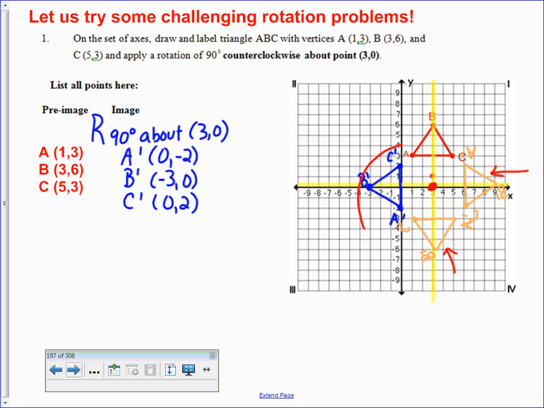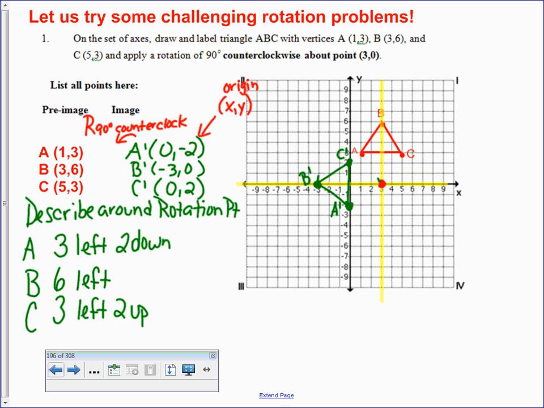Yes, we can see there is definitely a rotation about that point. The only way we can do this correctly is to use these descriptions. Very important that we write everything down, and very important that we use our descriptions.